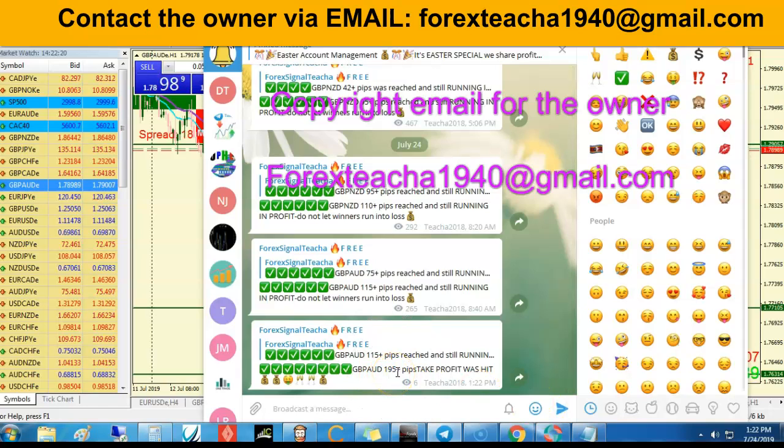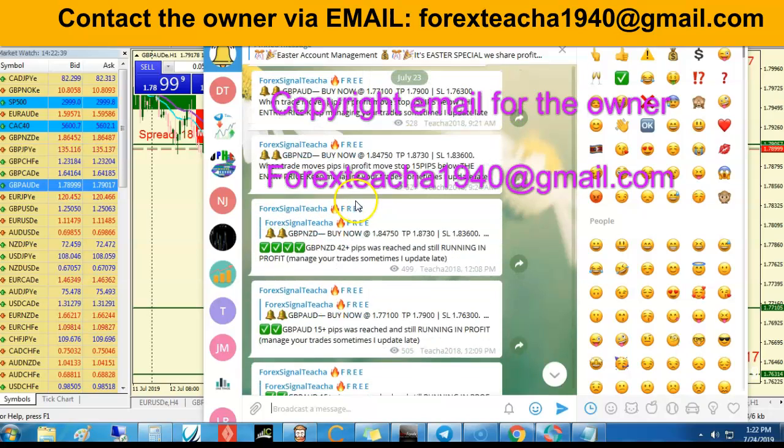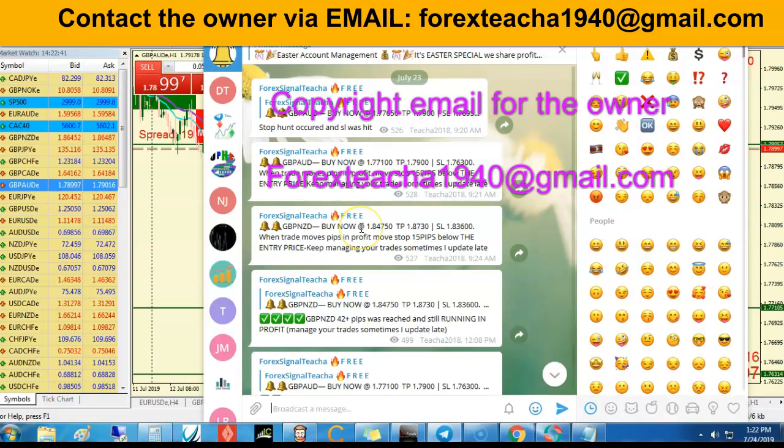I show all the losses in the group as well as the wins. All right, so I'm also going to talk about the second trade that we took, which was the pound New Zealand dollar. This trade was also called yesterday.